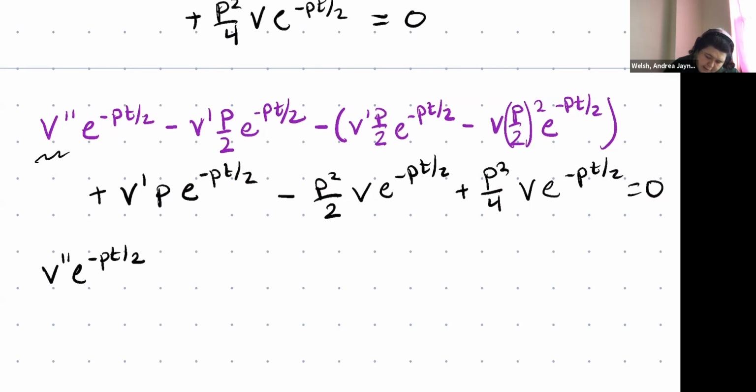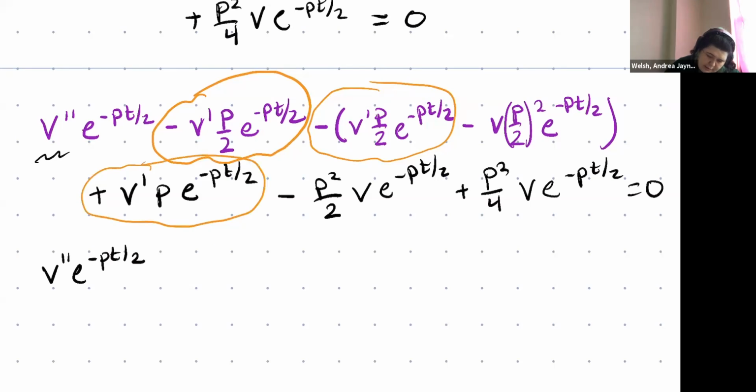Next, I'm going to look for all of my v prime terms and make sure I have all the correct coefficients here. Let's see, I believe that's it for my v prime terms. Okay, so it looks like I have a minus v prime p over 2 e to the minus pt over 2.